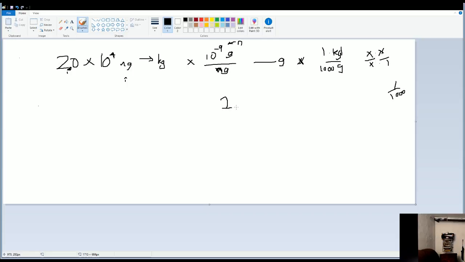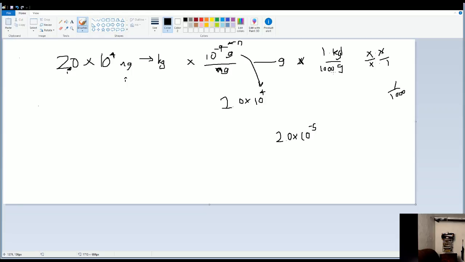So 2 times 10 to the 4. You basically just take the 9, add it to this, and you get 2 times 10 to the negative 5.